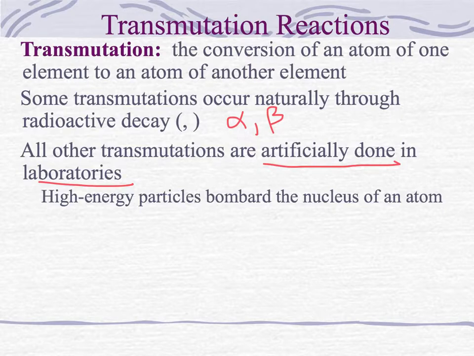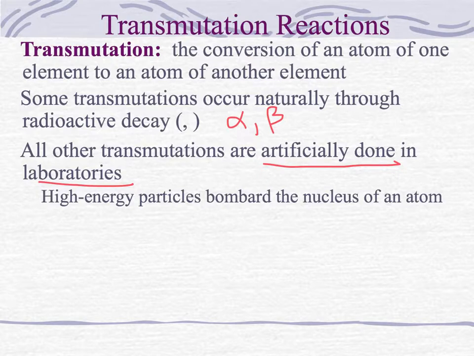Berkeley has discovered some of these, even Stanford has discovered them. They can use what are called linear accelerators or cyclotrons. What they do is take these high-speed particles and bombard a nucleus with them, and then we have a new nucleus. That's how they discover these new atoms.